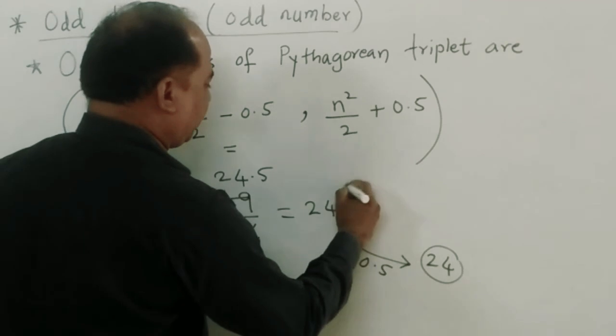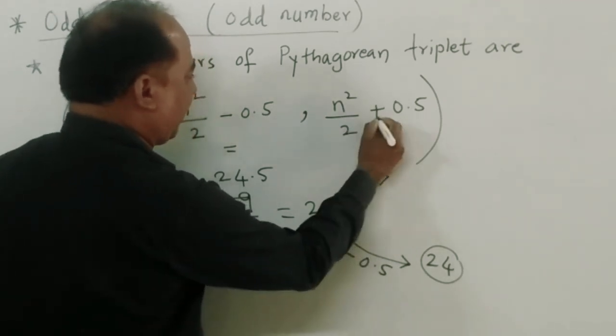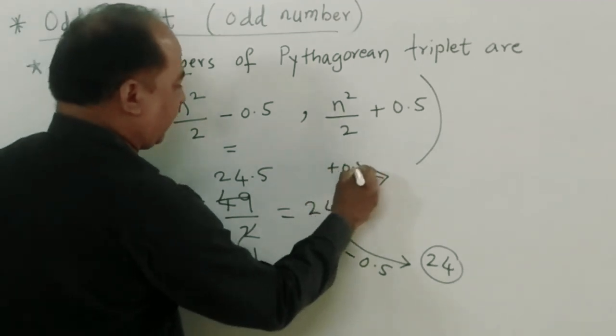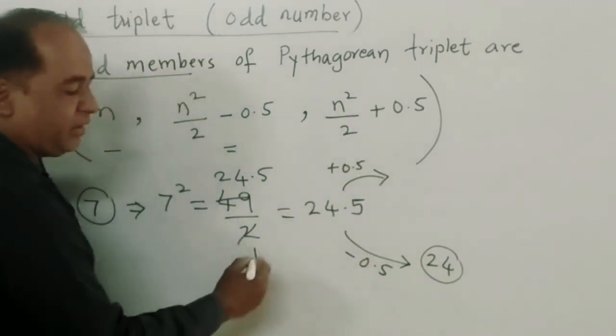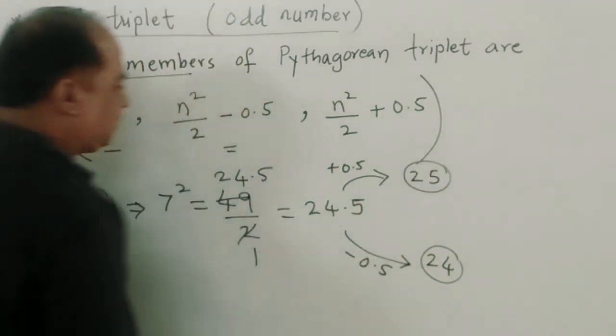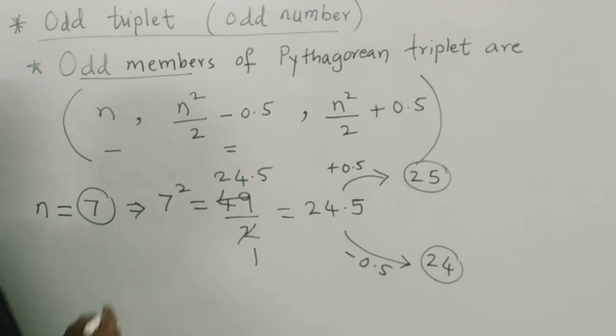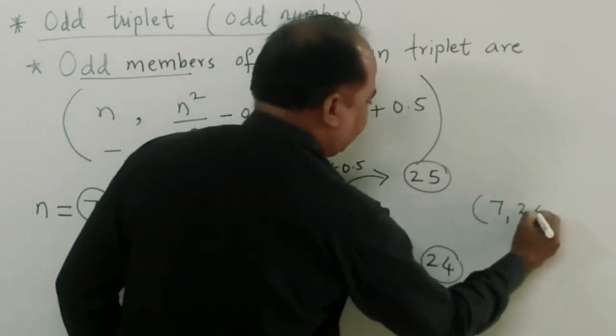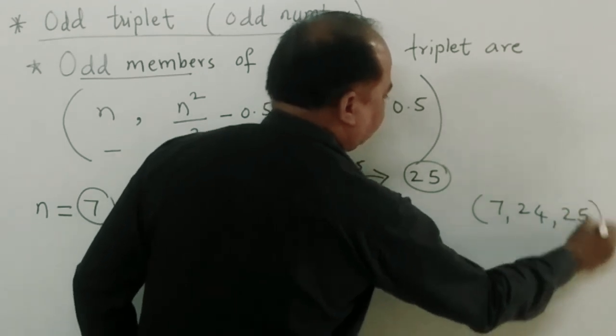And the third member we get by adding n square upon 2 plus 0.5, that is 24.5 plus 0.5 is 25. So the Pythagorean triplet is 7, 24 and 25.